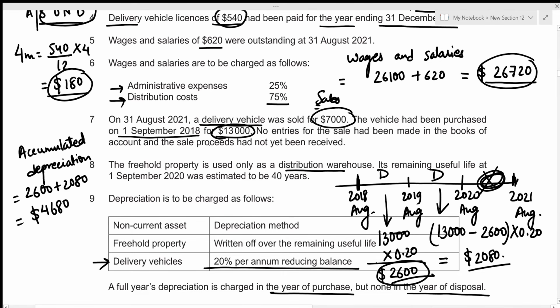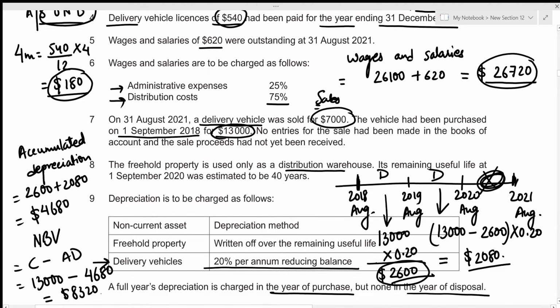All right, we already have the cost and the accumulated depreciation, meaning that it is super easy to figure out the net book value, because net book value is just the difference between the cost and the accumulated depreciation. The cost is 13,000 and the accumulated depreciation is 4,680, which gives our net book value to be 8,320.